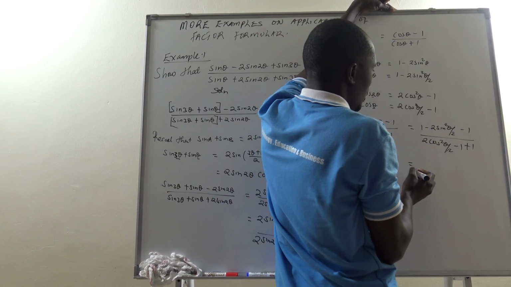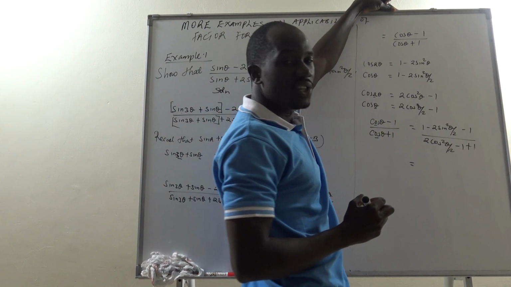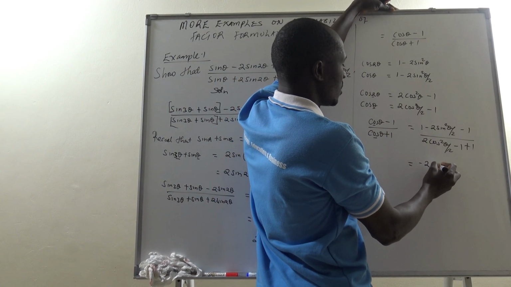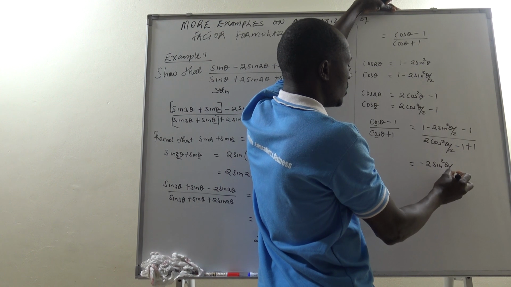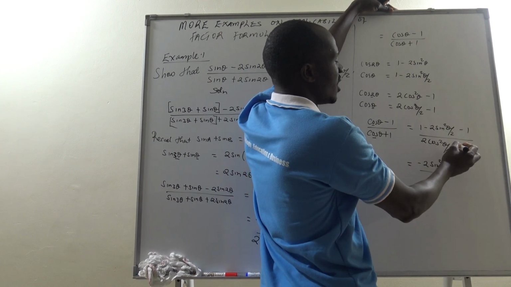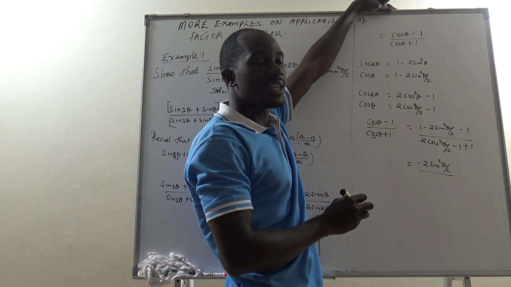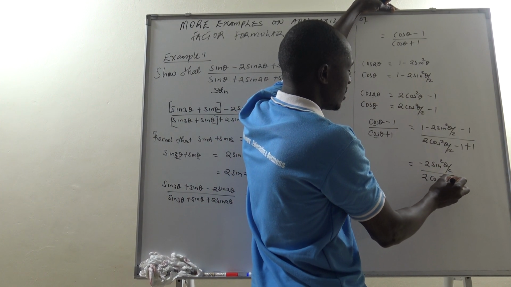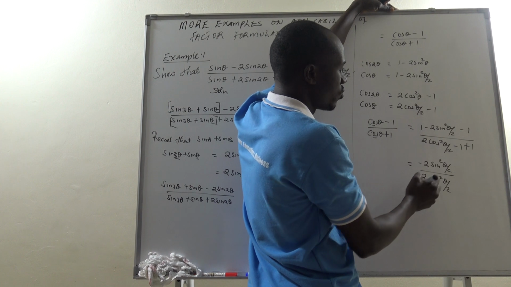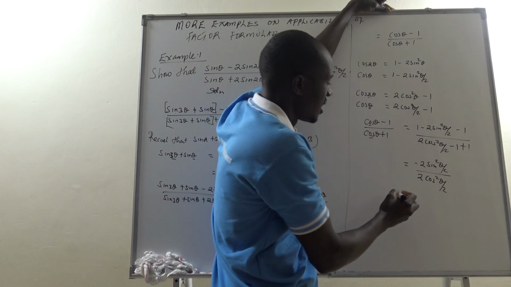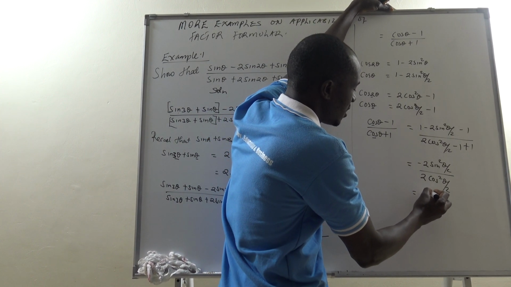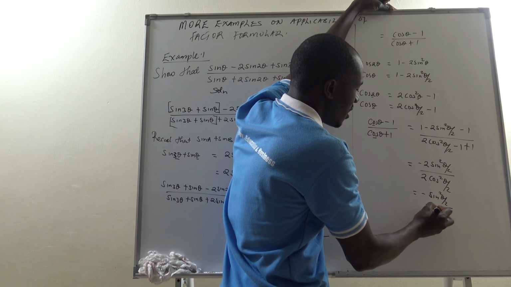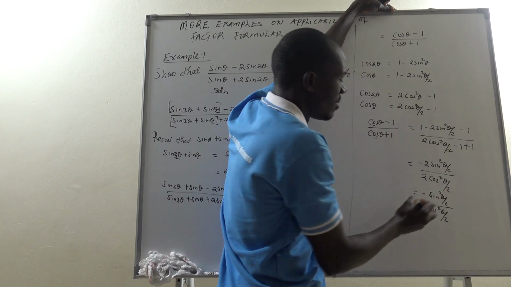So we arrange. 1 and 1 disappear. I remain with negative 2 sin squared theta by 2 all over, negative 1 and 1 disappear, 2 cos squared theta by 2. The 2 and the 2 disappear. I remain with negative sin squared theta by 2 all over cos squared theta by 2.